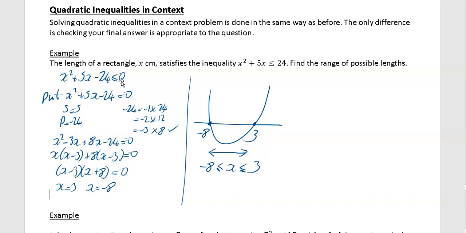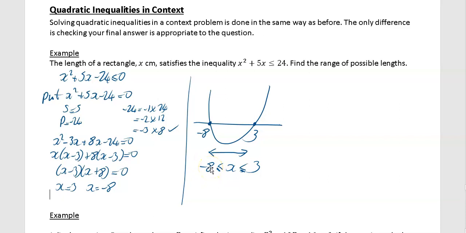Okay, let's think about the question, and this is what quadratic inequalities in context are about. This is a real life problem, and x is representing a length. You cannot have a negative length. A length has to be greater than 0, basically, so it cannot be negative.